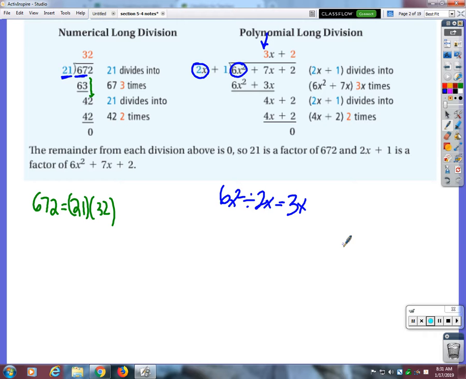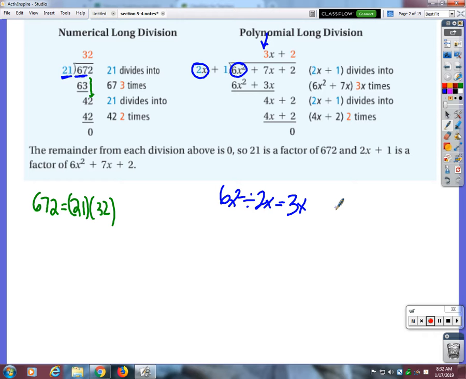And then just like here they went 3 times 21 is 63, now we're going to go 3x times 2x plus 1. 3x times 2x is 6x squared. That's why we chose the 3x, so that it would equal that. And then 3x times 1 is 3x. Here is the most complicated part of this process. Here is where 95% of mistakes are made.